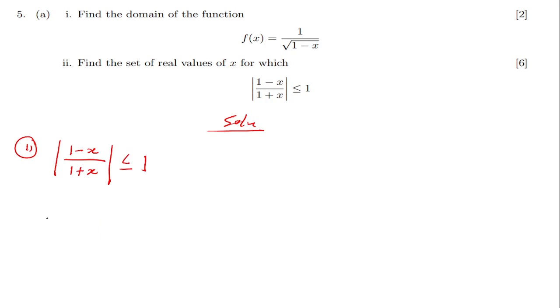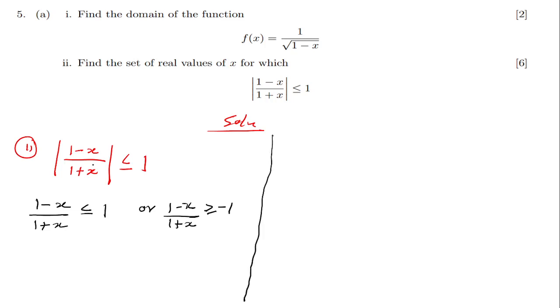So what you're going to do, you're going to say 1 minus x over 1 plus x is less than or equal to 1, or this same guy can be written as 1 minus x over 1 plus x is greater than or equal to negative 1. So when you have a modulus like that, you have to split this inequality into two.